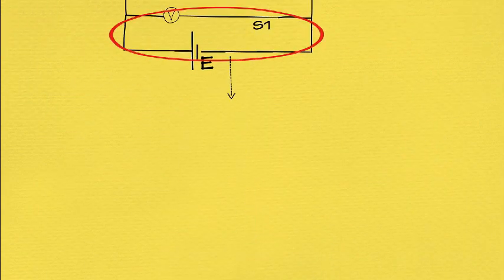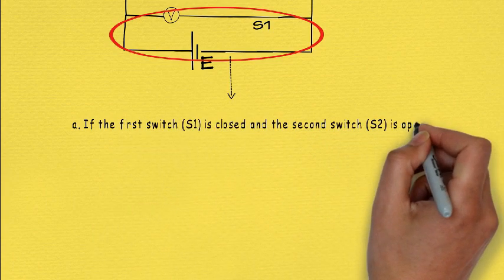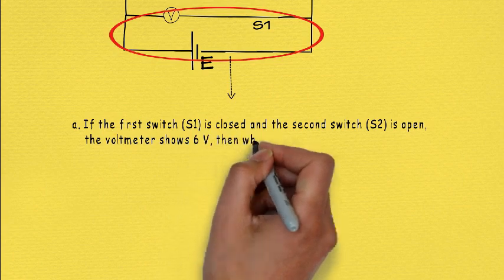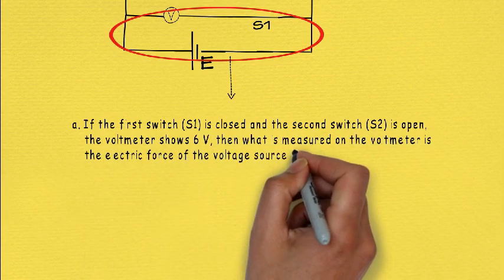If the first switch is closed and the second switch is open, the voltmeter shows 6 volts. Then what is measured on the voltmeter is the electromotive force of the voltage source.